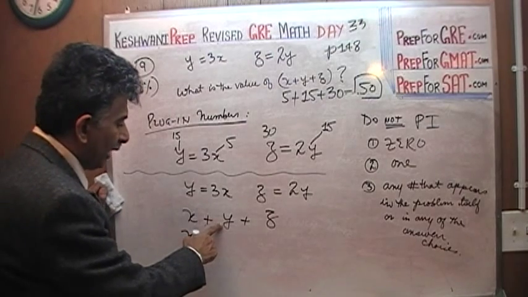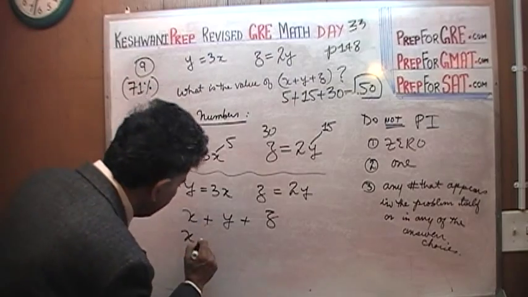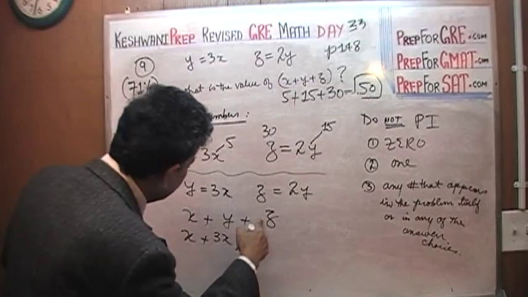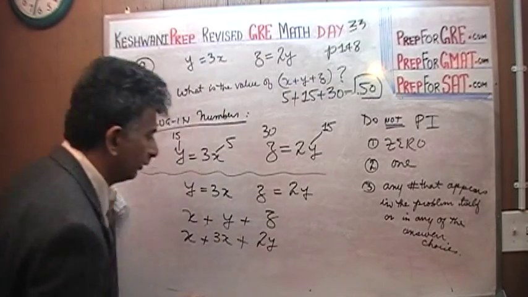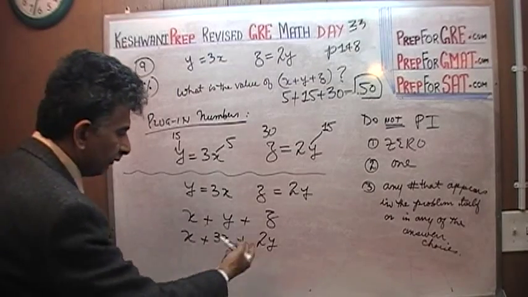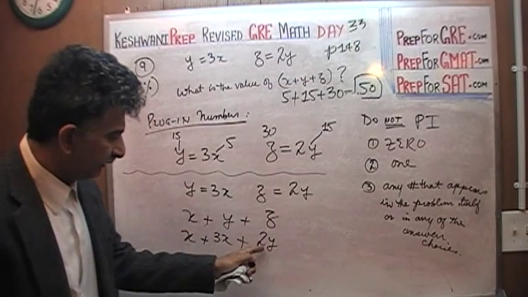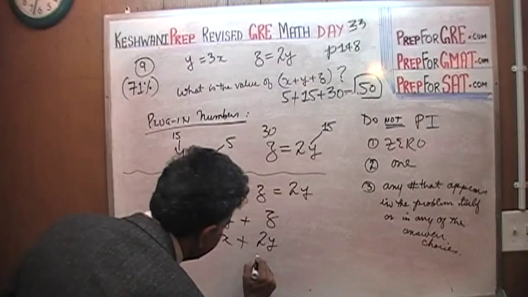So how do we express y in terms of x? Well, y we know equals 3x, so we can replace y with 3x. Z we know equals 2y. But this is not good enough. Z needs to be expressed in terms of x. Right now the z is expressed in terms of y. But y we know is 3x. So let's replace this thing.